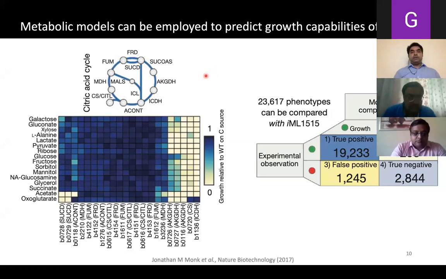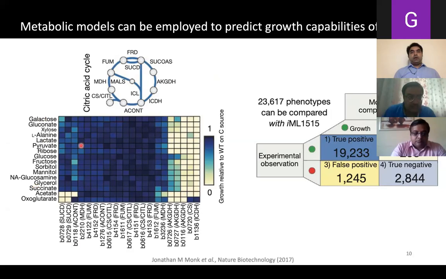So, for example, in this study, single gene knockouts in the TCA cycle were performed using an E. coli model, and then each mutant model was grown on these 16 carbon sources.